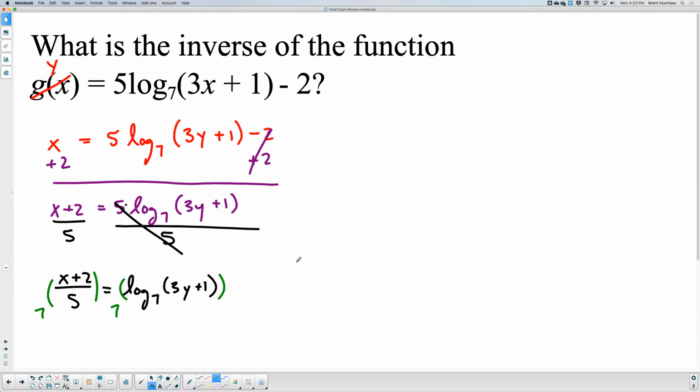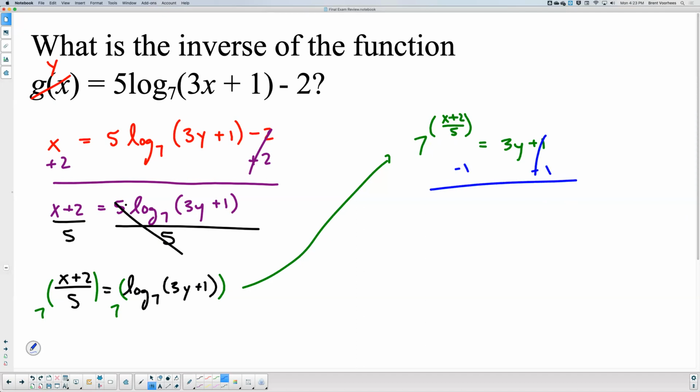And it's going to look like this. Once I have 7 raised to the (x plus 2) over 5 equals, these two cancel each other out, 3y plus 1. So I subtract 1, and I cannot subtract from the 7 because the 7 has a power. That would be breaking PEMDAS.